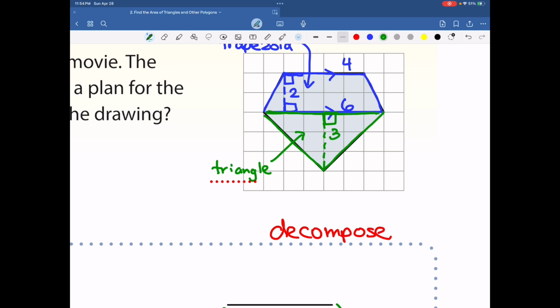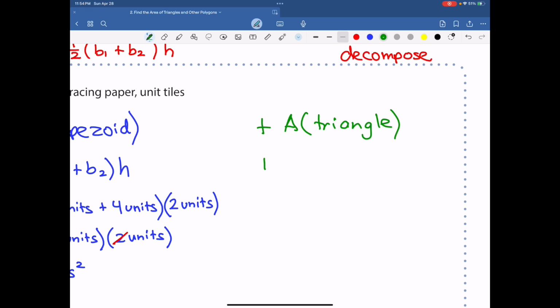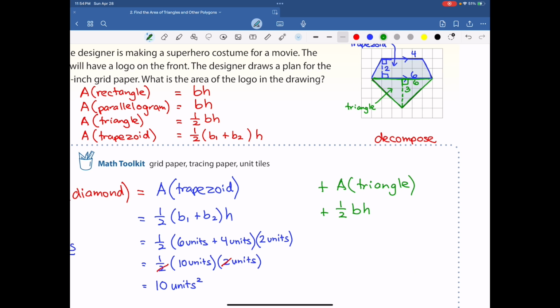So my base is 6 units. My height is 3 units. Area of a triangle is 1/2 base times height. The base is going to be 6 units. Height is 3 units.